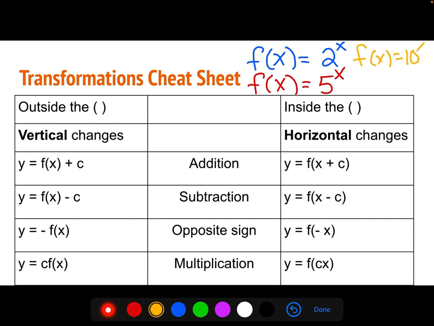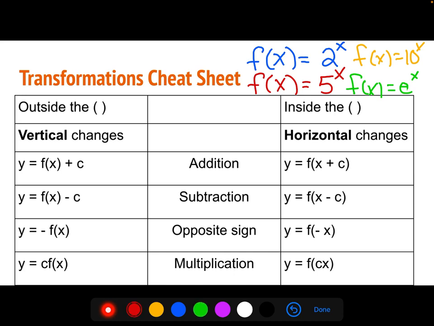It could be a base of 10 to the x. It could even be a base of e to the x. Remember, that was that Euler number that we briefly talked about the other day. So remember that the base is just the number with an x exponent.